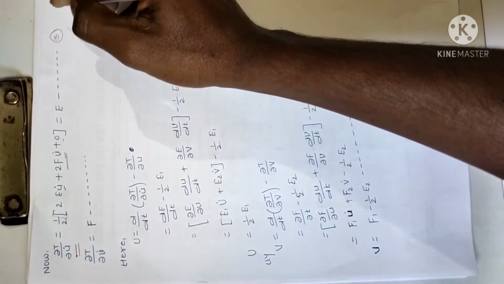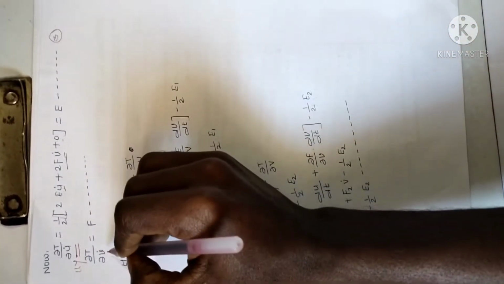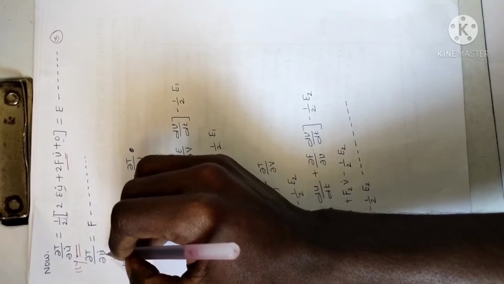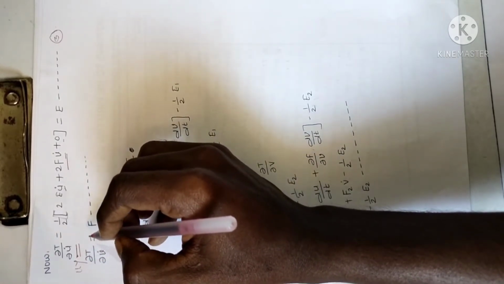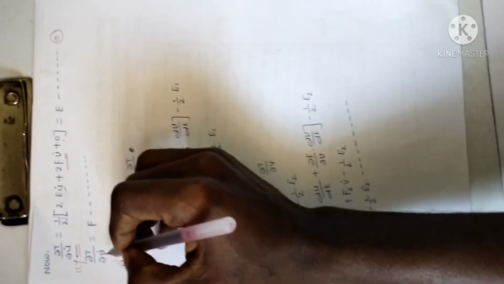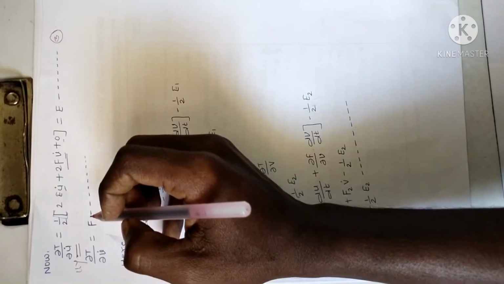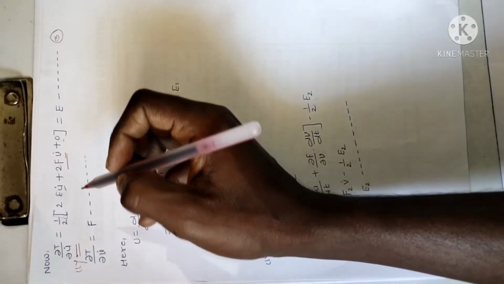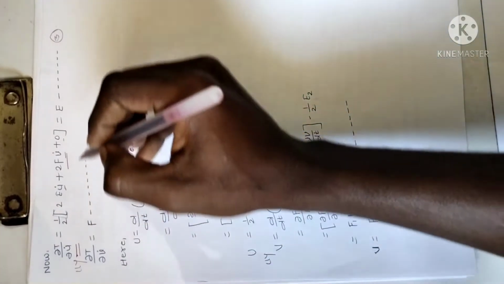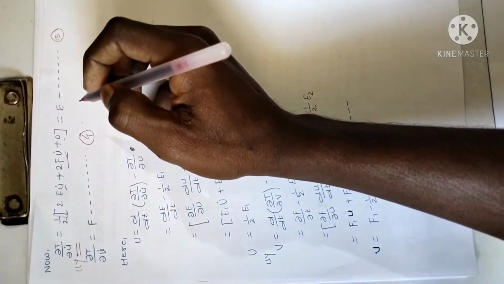Similarly, we calculate ∂T/∂v̇ by differentiating equation A partially with respect to v dot and putting the values of u dot, v dot, u and v. So ∂T/∂v̇ is equal to capital F, and this is equation 4.